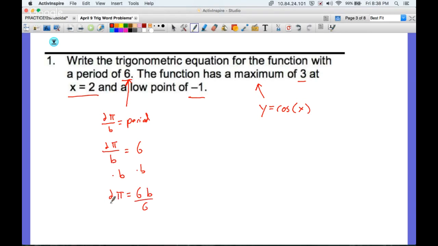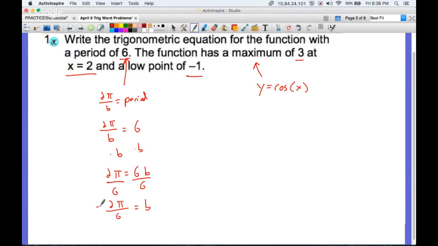Divide both sides by 6, and I'll get 2 pi over 6 equals b. I can go ahead and simplify that by dividing the top and the bottom by 2. Now let me write this on the other side so it doesn't look like I'm doing 2 divided by that. So divide by 2, divide by 2, and I'll get pi over 3 equals b. So I've got b, I've got my parent function.